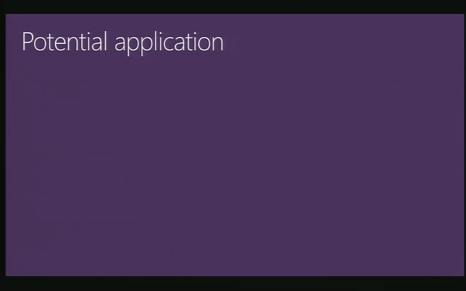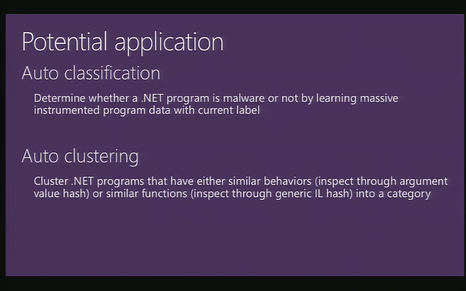So I propose that there might be a potential application with these two categories, which are auto-classification and auto-clustering, using the generic representation of function information and argument information. I believe that this dynamic instrumentation tool will help future machine learning-based detection through these two categories.